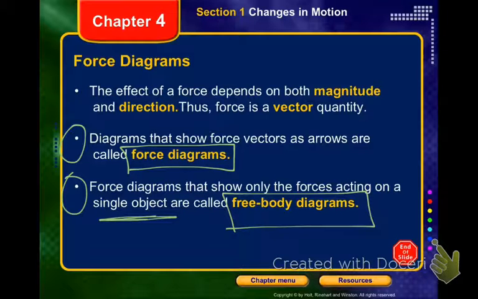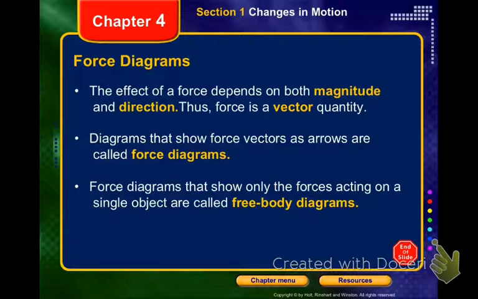But if you're asked to draw a force diagram, then you're going to be drawing a diagram of everything that is represented, the forces that are being applied and whatever's applying the force, what is it applying it to. So you can have multiple objects there. We're going to look at the difference between the two.